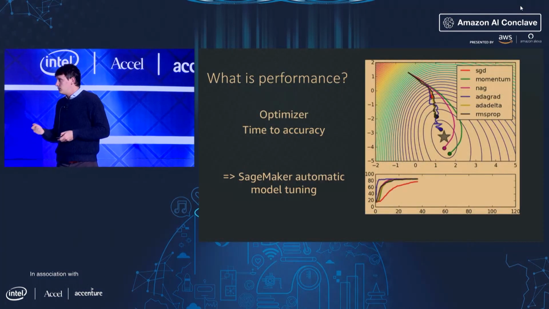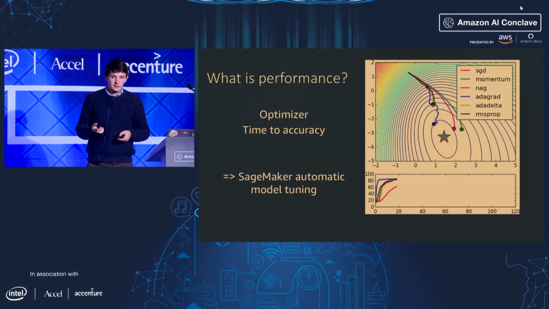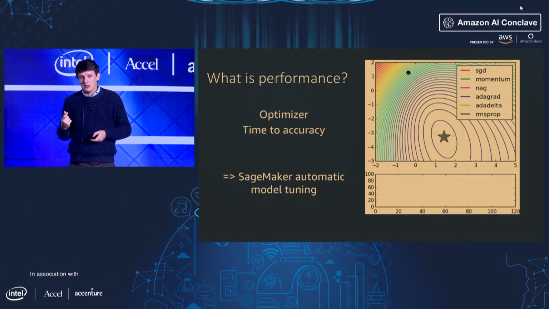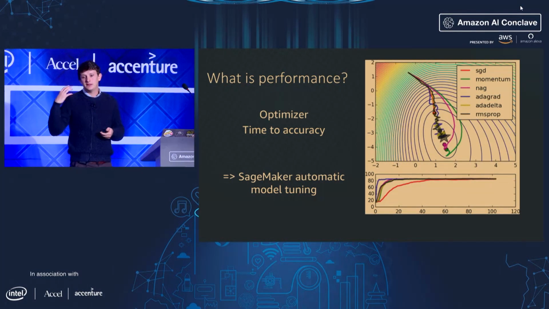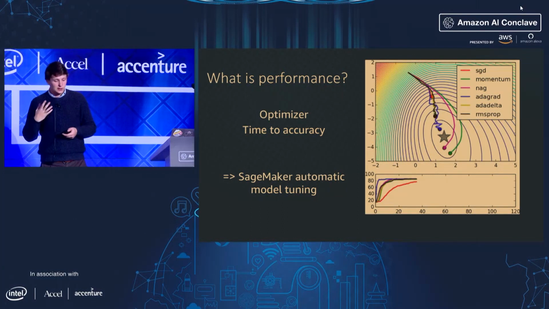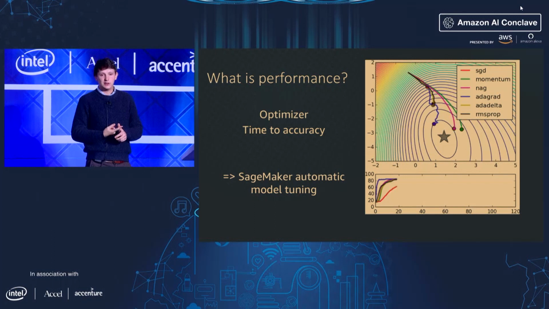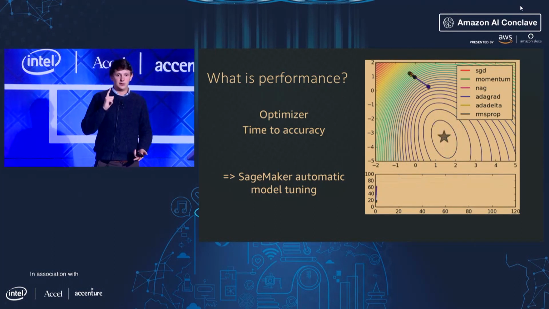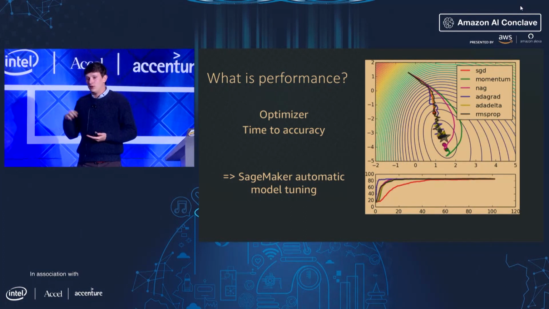So again, to reiterate what I said earlier, what is performance? It's not only throughput, it's time to accuracy. So what you can do on top of actually optimizing your code is to do hyperparameter tuning, which is SageMaker automatic model tuning, because maybe your choice of optimizer, your choice of learning rate schedule, your choice of number of layers, that's going to impact greatly how fast your model is training.